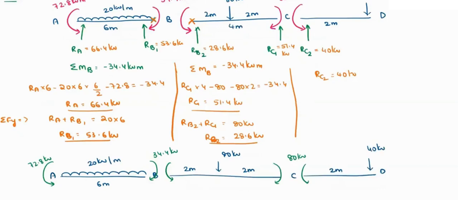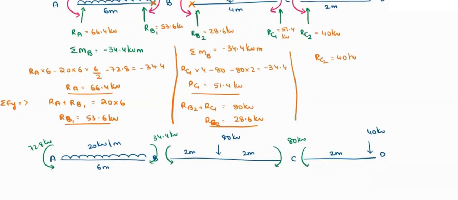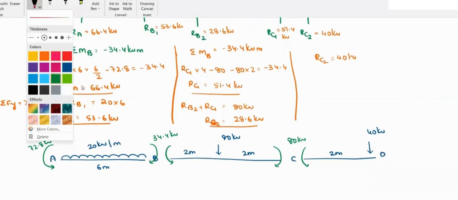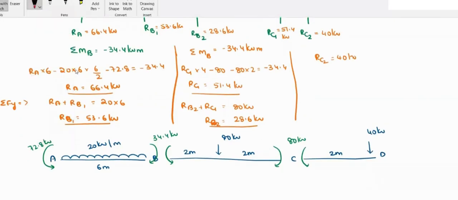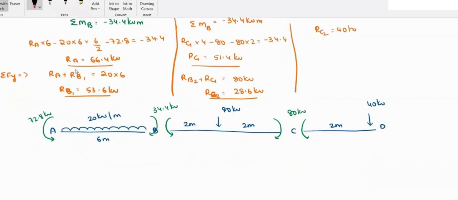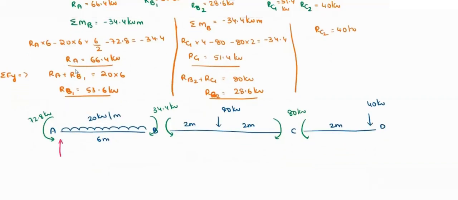Next, after this, what are the reactions we are getting? The reactions here are RA, so this is 66.4 kilonewton, and RB1 will be equal to 53.6 kilonewton. RB2 you are having again 28.6 kilonewton. Now coming to your RC1, it is 51.4 kilonewton.